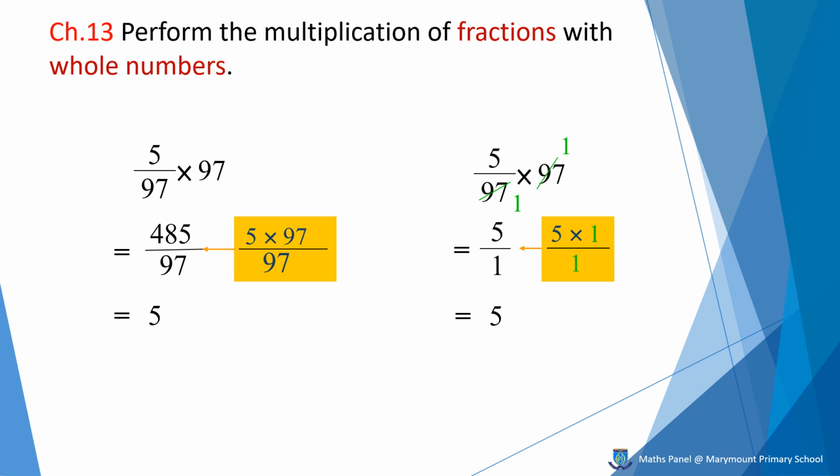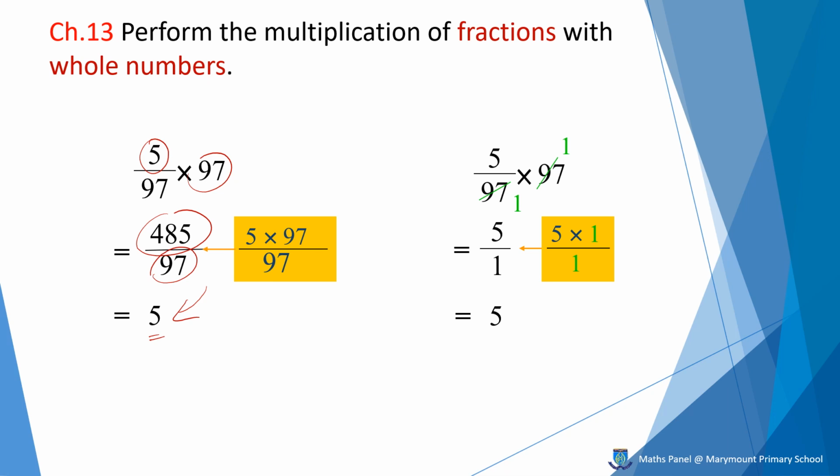You may think it is not necessary to reduce the fraction first, right? But have a look at this example. At the left-hand side, 5 over 97 times 97. If you didn't reduce the fraction, 5 times 97 equals 485, for the denominator 97, so the final answer is 485 divided by 97. The answer is 5.